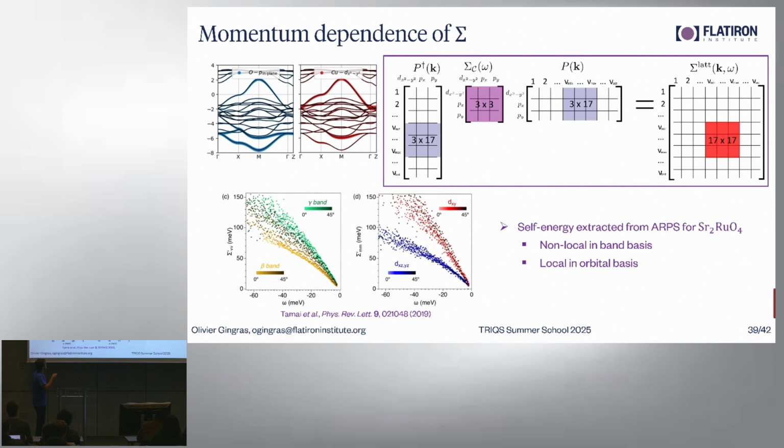But if you actually go into the orbital basis, you can see that it becomes much more local. So this is kind of an experimental demonstration that, at least for strontium ruthenate, the local self-energy in the orbital basis is very valid. It covers a lot of the actual physics.